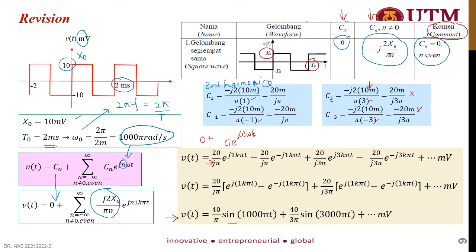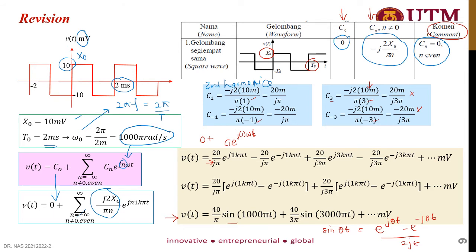Why? Because if you still remember, for the sine function, sin(theta t) is equal to, from Euler's theorem, (e^(j theta t) minus e^(minus j theta t)) divided by 2j. So you can have the j at the bottom.